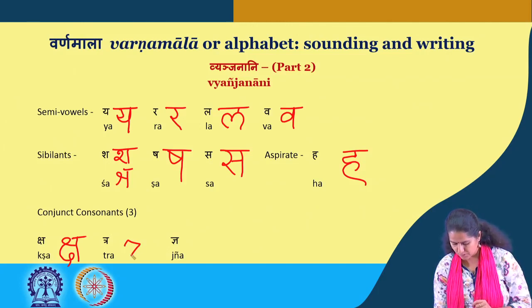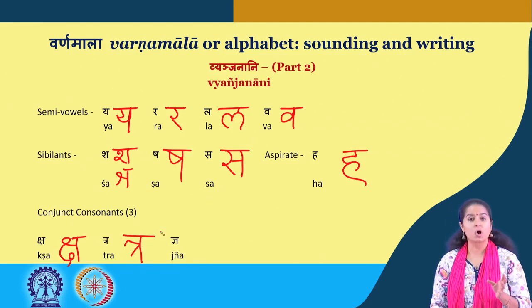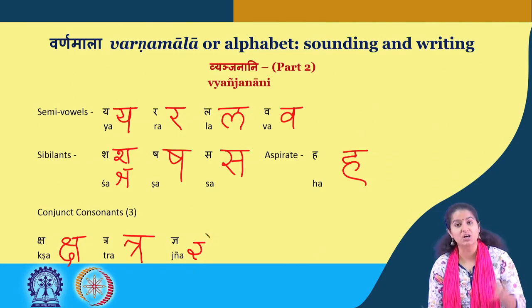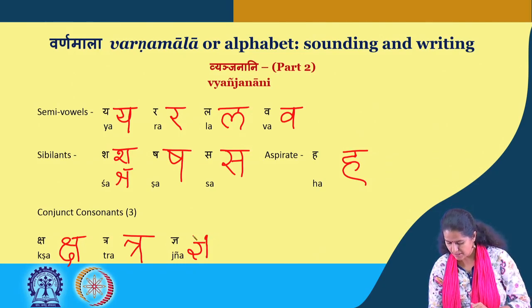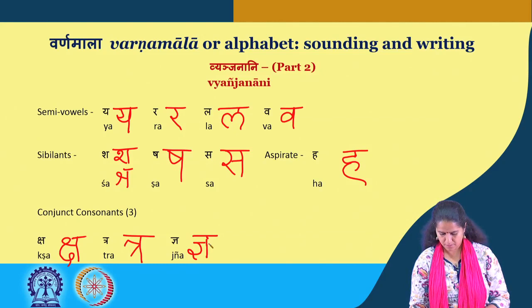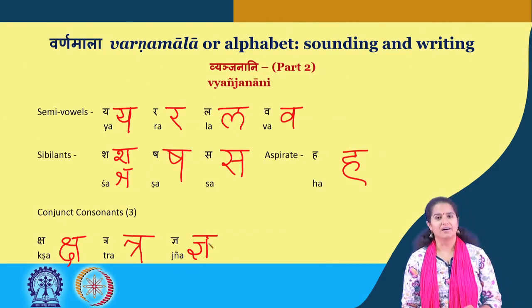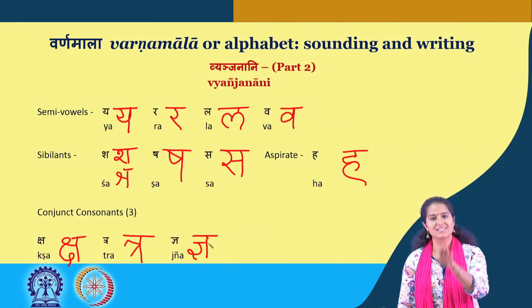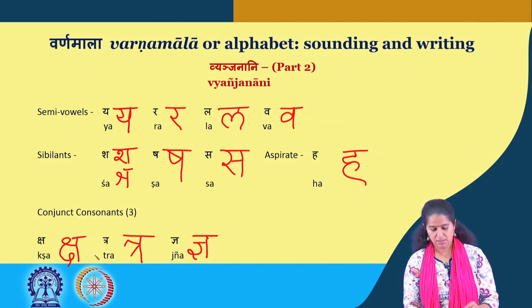Then you have the tr, which is a combination of t and r. And then the jnya. So the jnya is like a half jug with the tail. So it's like the j but with the tail, and it has the stick there. Okay, it should join there. So that's the jnya. Okay, so ya, ra, la, va, sha, sha, sa, ha, ksha, tra, jnya.